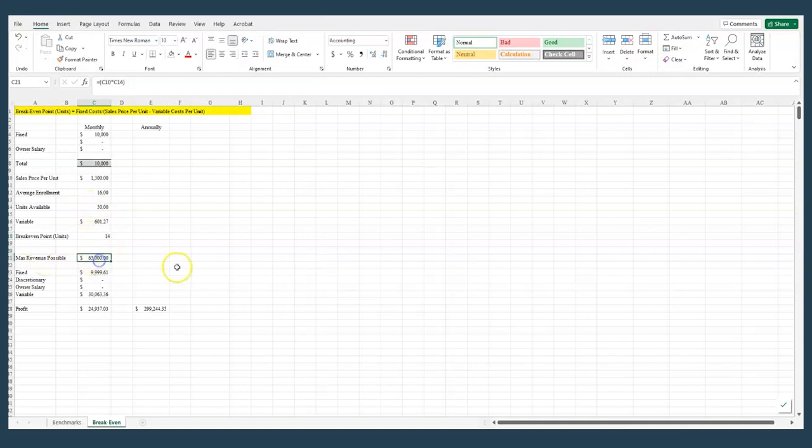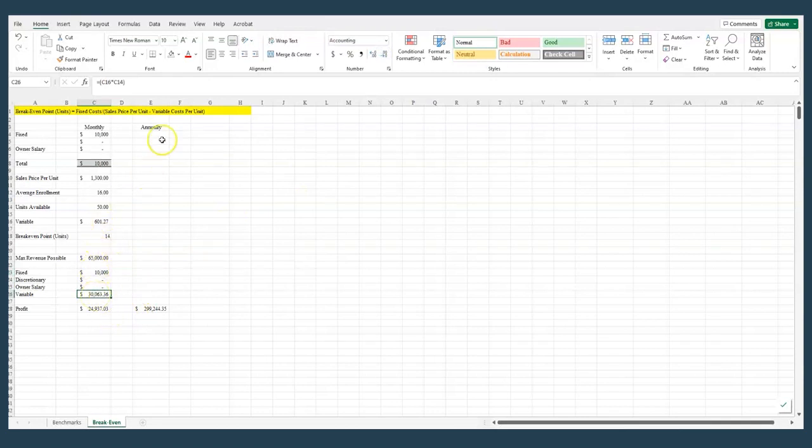And then here, what we're looking at is our maximum possible revenue, which would look at the sales price multiplied by our units available. So the max that we could ever have, under our current price point, is $65,000. Again, our fixed costs are going to be $10,000 per month.